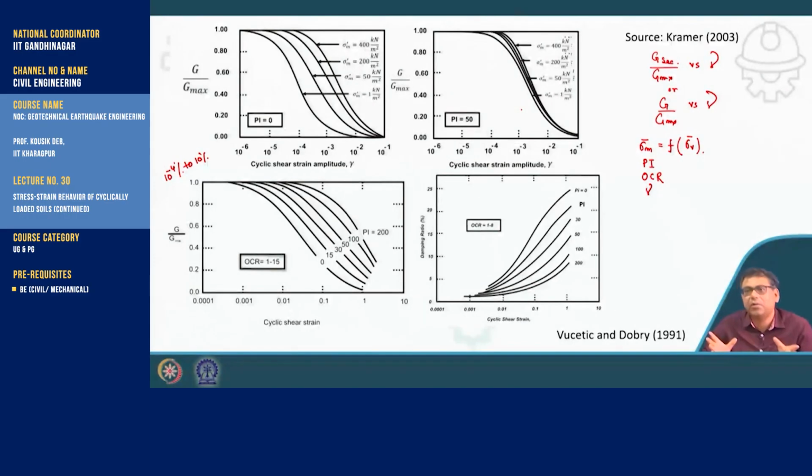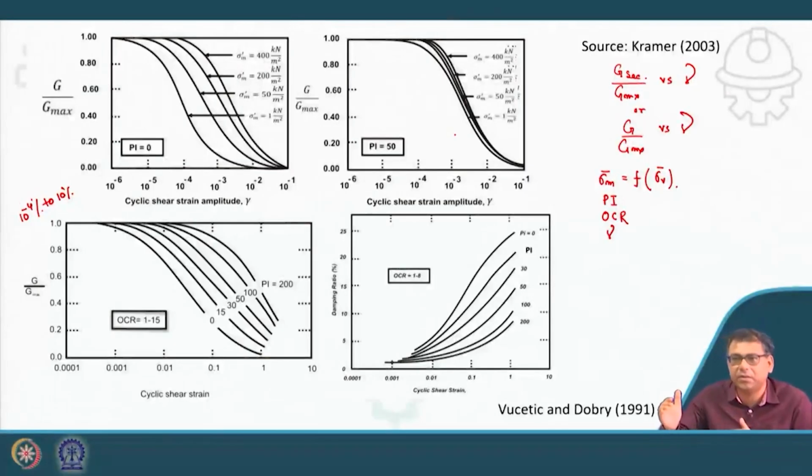Clear? In other words, if you increase the PI value of the soil, the effect of stress or effective overburden pressure on this G by G max curve, or modulus degradation curve, is not that significant. Clear? That is one thing.